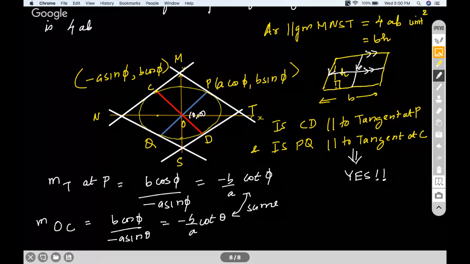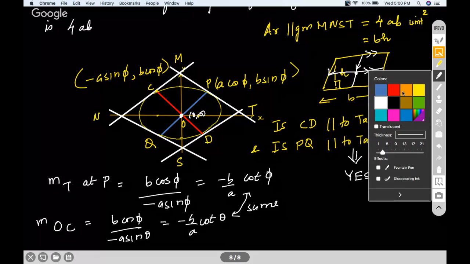And they're also passing through the point of intersection of the diagonals, that is your origin, which clearly implies that these four areas would be equal. Correct me if I'm wrong. This area which I am shading will be equal to this area, will be equal to this area, and will be equal to this area.